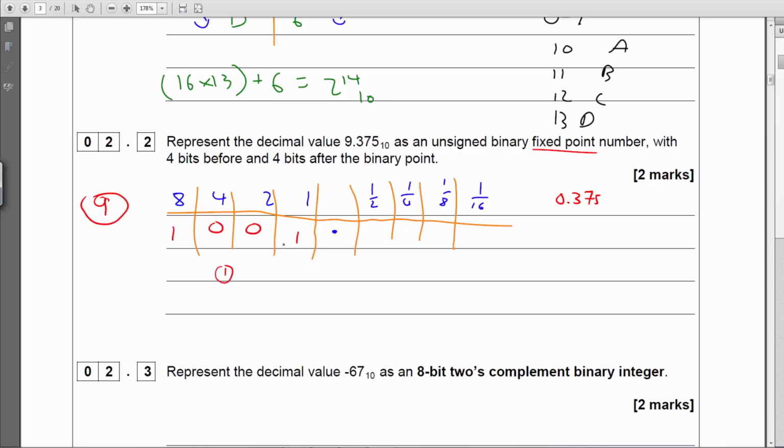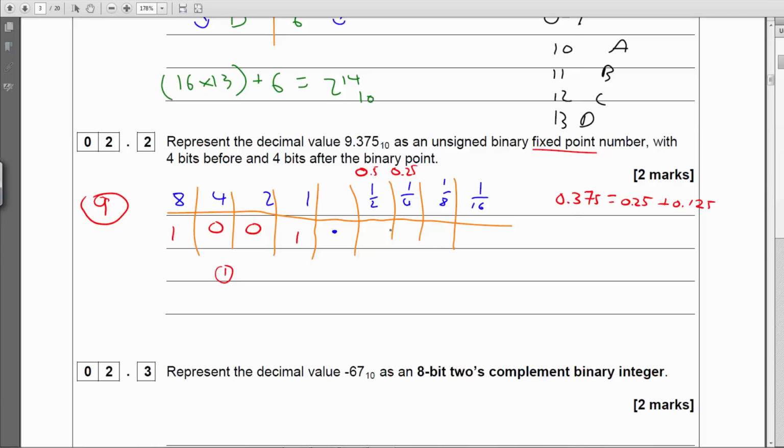And so this bit's done. The other side of the binary point, we need to represent 0.375. The first thing you can do is ask, how many times does a half go into 0.375? Bearing in mind this is 0.5, it doesn't go in, but a quarter, 0.25, does go in. So we can break this up into 0.25 plus 0.125, and 0.125 is the same as an eighth.